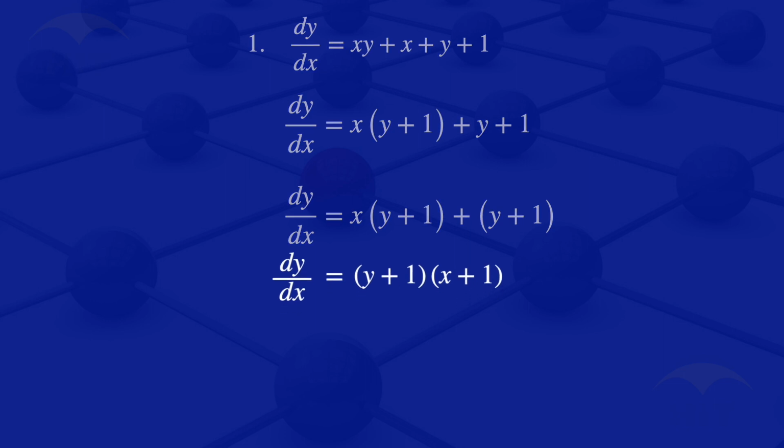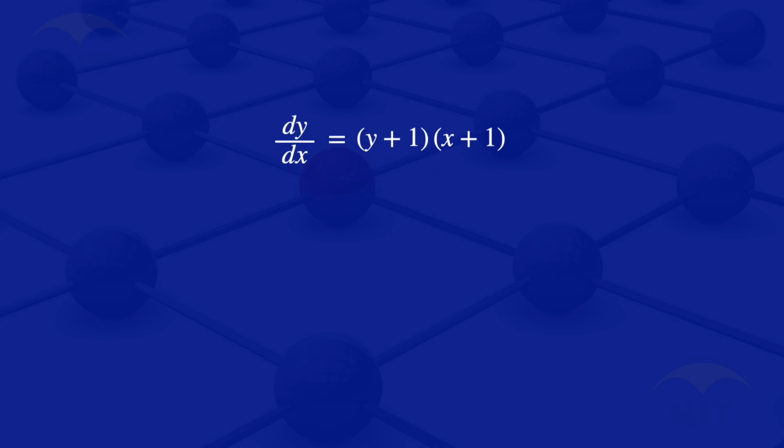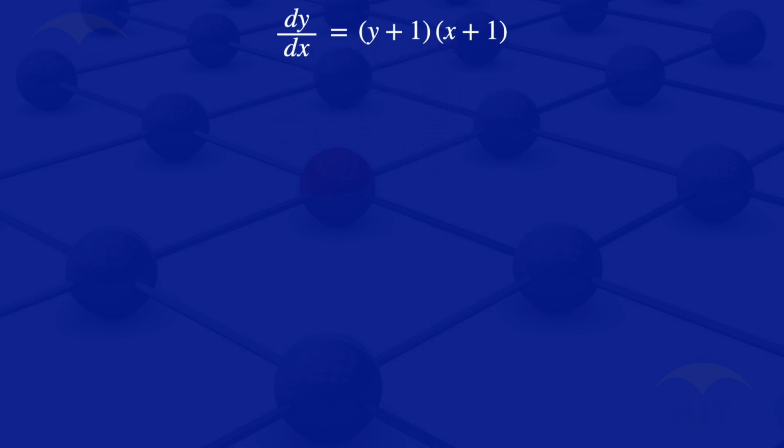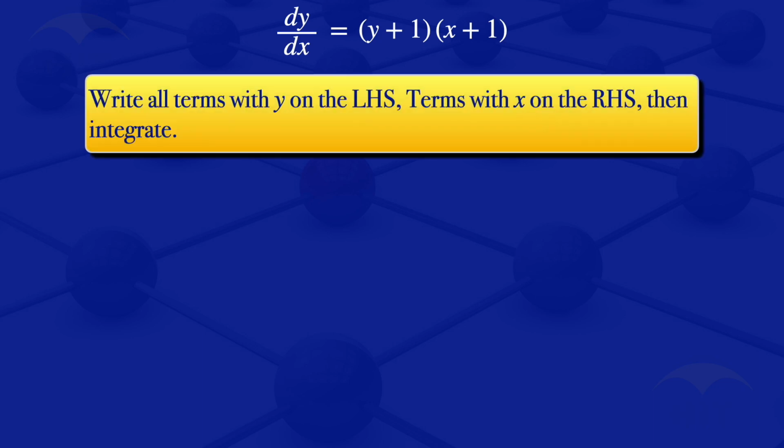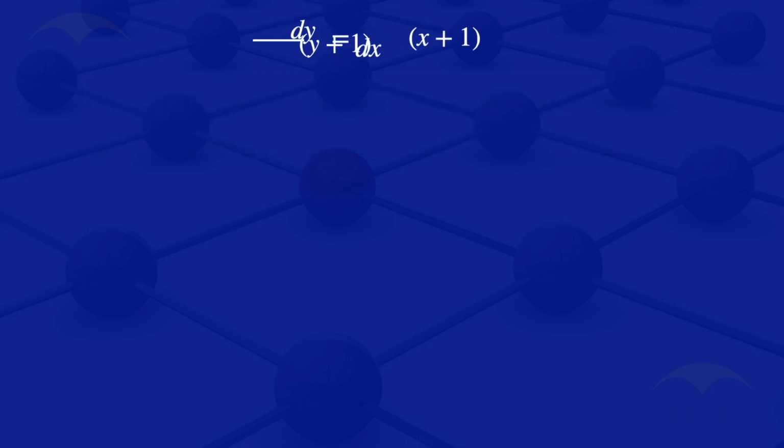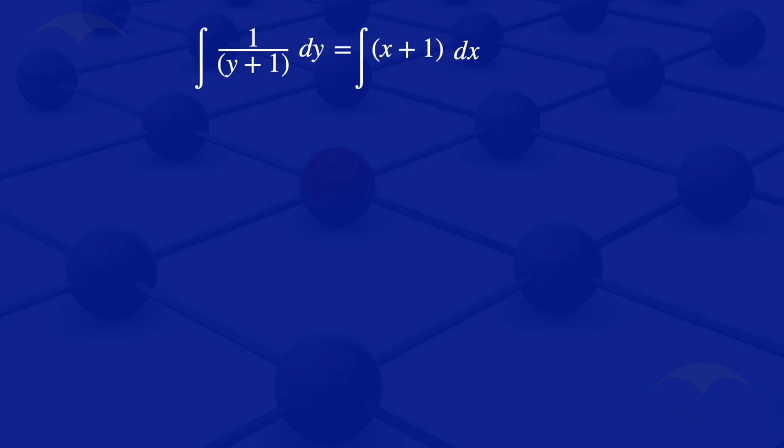Now when we have the equation in that form, we can separate the terms that have y and the terms that have x. Write all terms with y on the left hand side, terms with x on the right hand side, then go on and integrate. So I will just separate the variables there, then integrate on both sides.